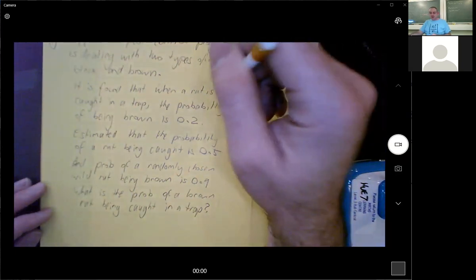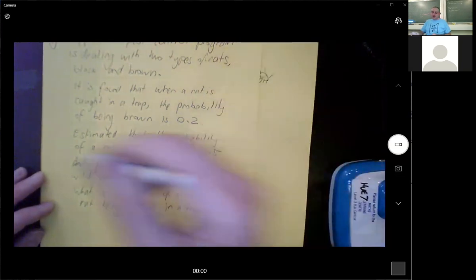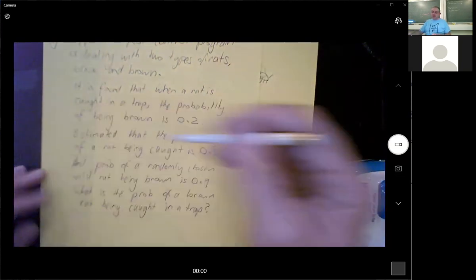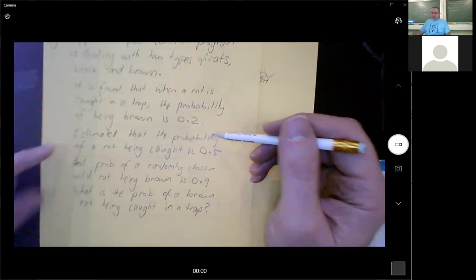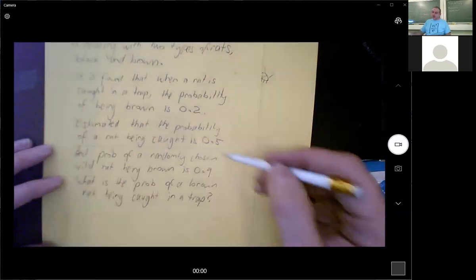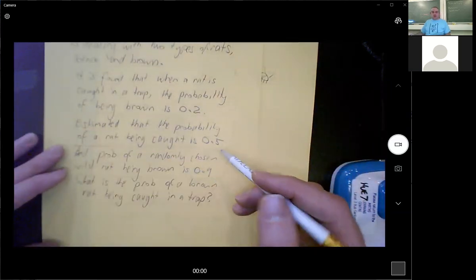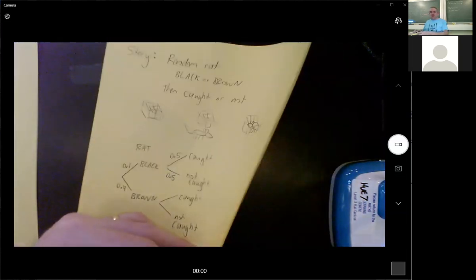That's what this says. And that this is the probability that the rat has been caught at all. And this is the probability that a random rat is brown. So I'm just going to write that information down and try and get my story straight.